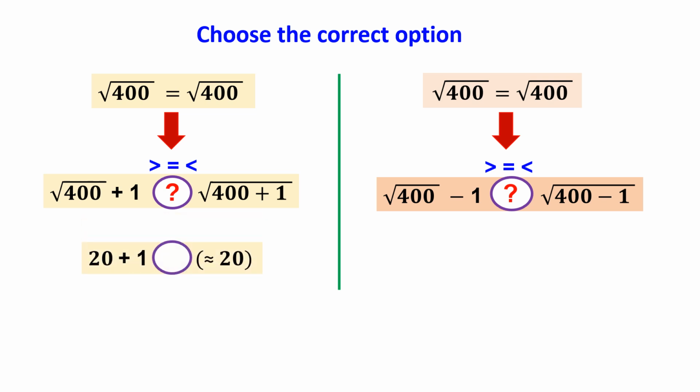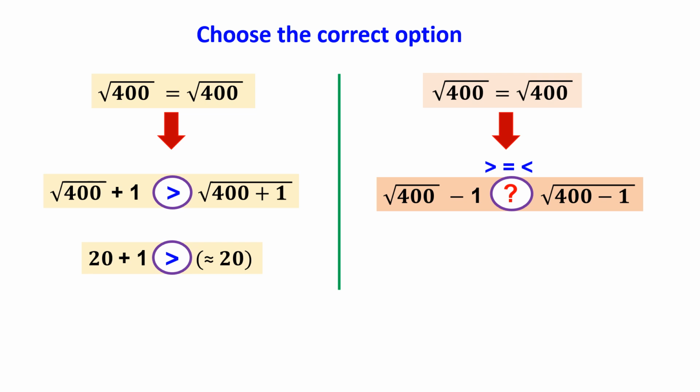To get to the left-hand side example, when we add 1 to the radical of 400 we get 21, and when we first add 1 to 400 and then take the square root, we get almost 20. So the value has been less.